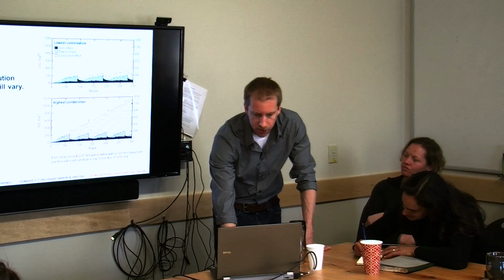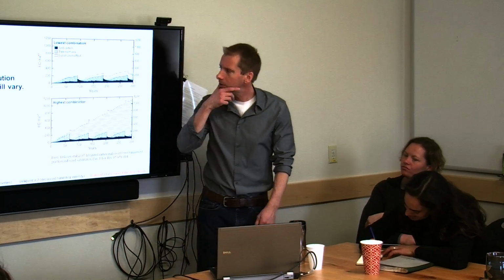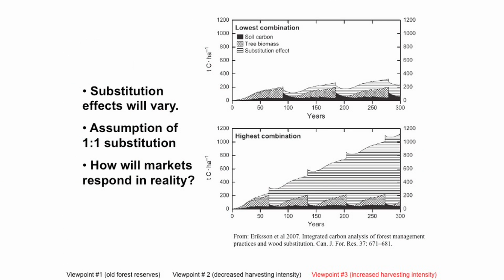On the other hand, there's still a lot of uncertainty. Again, the papers that have been published are fairly simple in that they assume this kind of one-to-one substitution rate. So that, if we produce 1 unit volume less of wood, we're going to have to substitute an equal volume of something else. But as Josh pointed out earlier, that's not really the way markets behave, right?